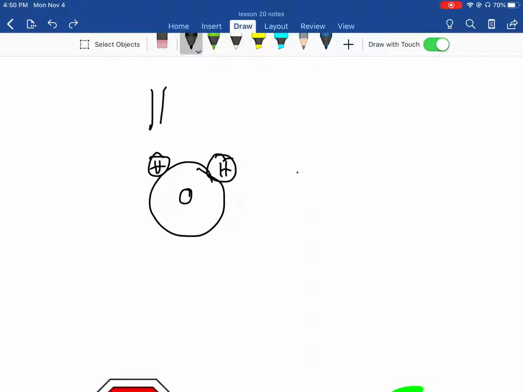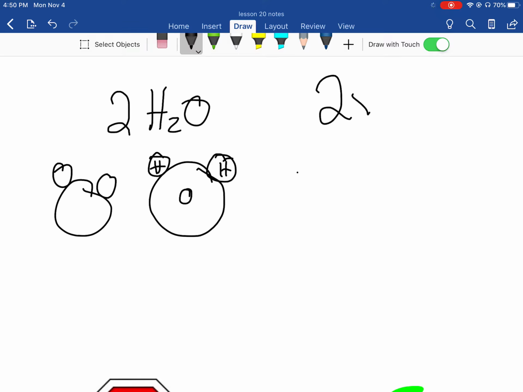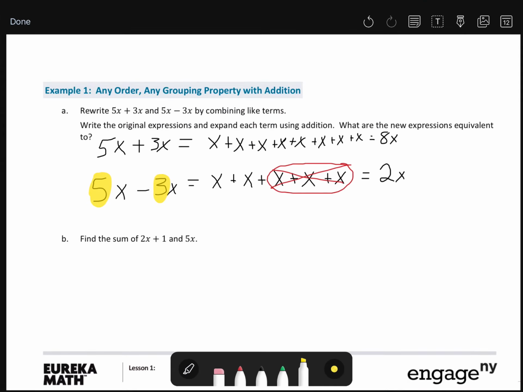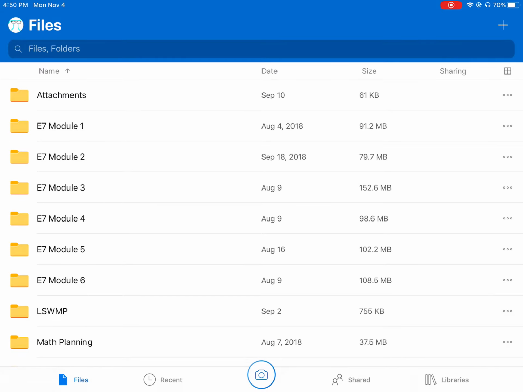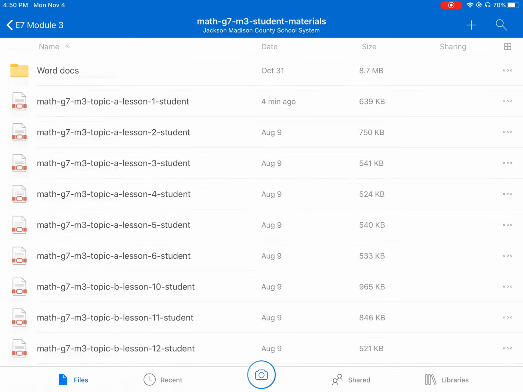We just write H2O, 2 hydrogens, 1 oxygen. And if I write a 2 up there, that means I have 2 molecules of H2O. If I write 2x, that means I have 2 x's. That number right there is the coefficient. And that's what we are talking about here today, how we can write it.